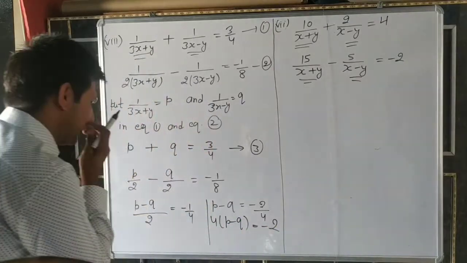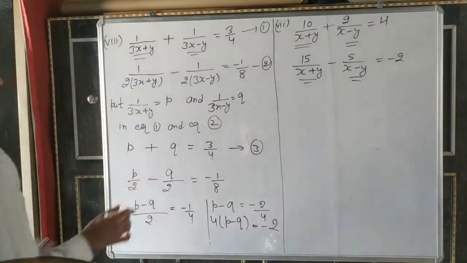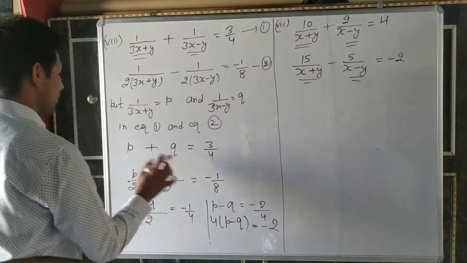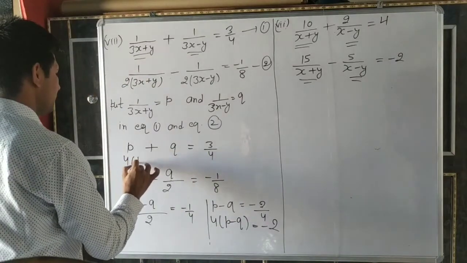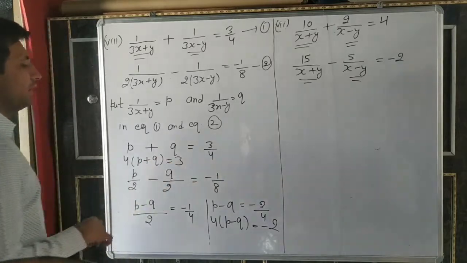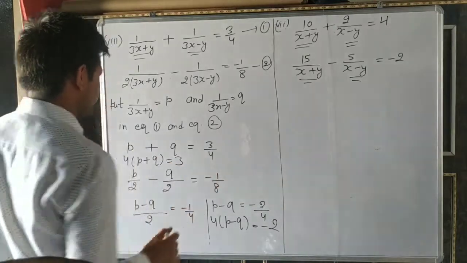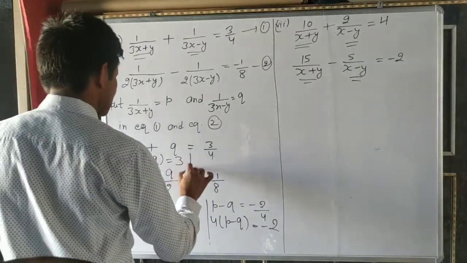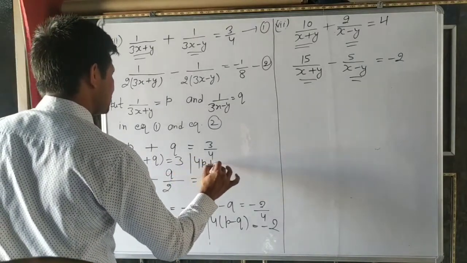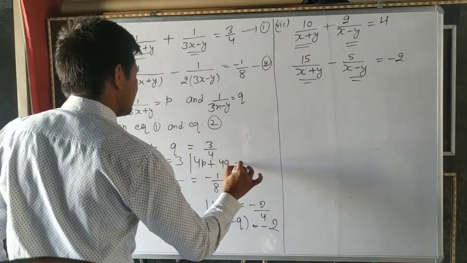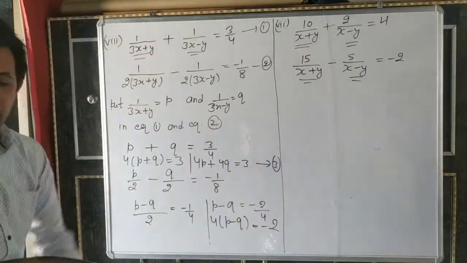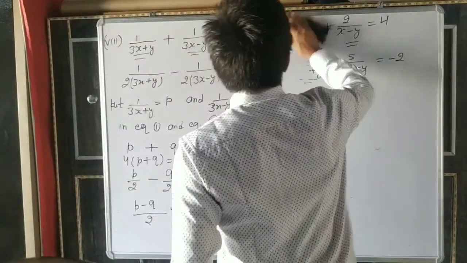And the same as before, 4 on the other side multiply, you can write here 4 into p plus q equal to 3. I am writing here. Next, it becomes 4p plus 4q equal to 3, equation number 3. Same as it is, the seventh part you will do yourself.